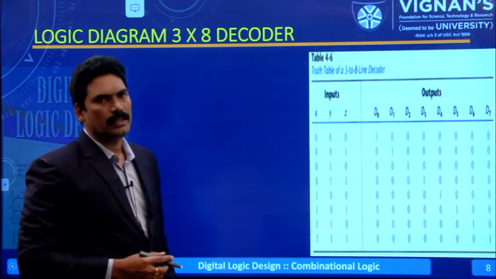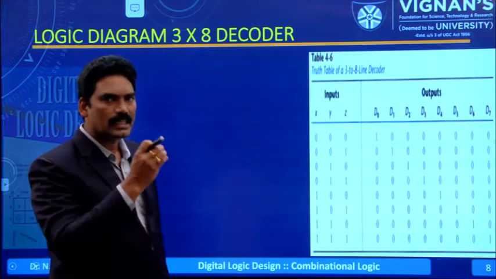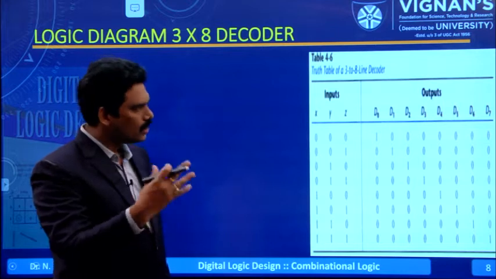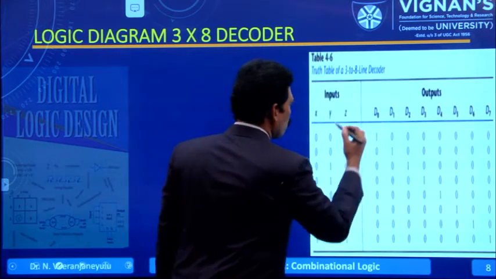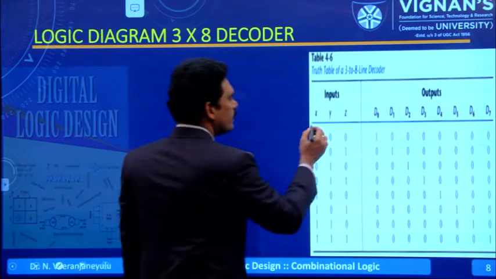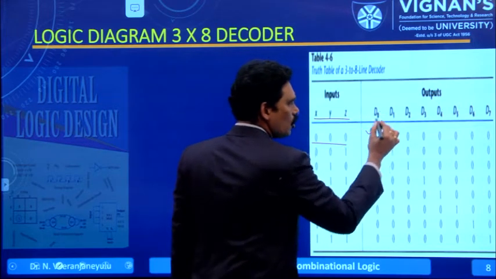Now, this is the truth table. If the values of x, y, z are 0, 0, 0, D0 is the output.